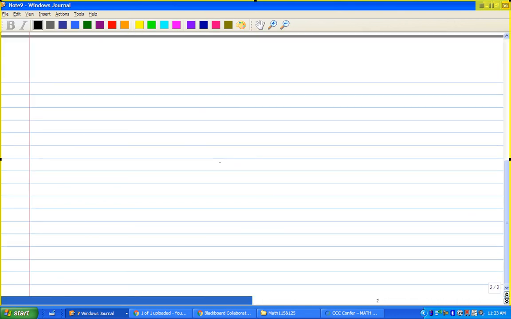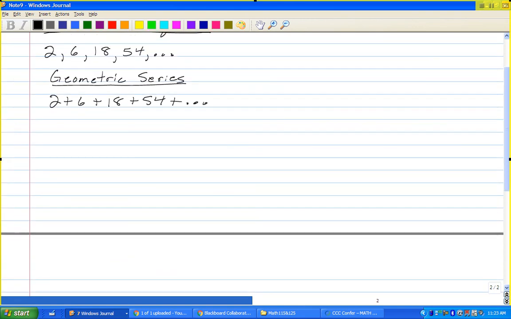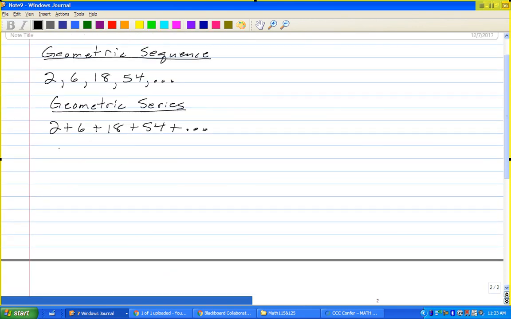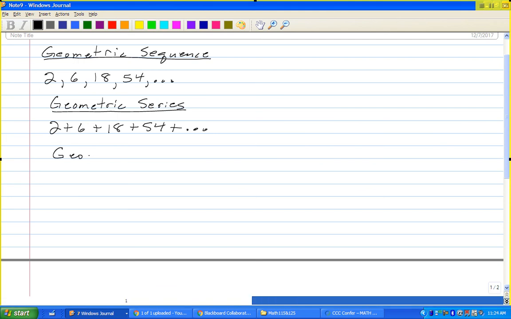And so a geometric series is just a series. Well, let's recall that your geometric sequence has a general term of the form a1 r to the n minus 1.